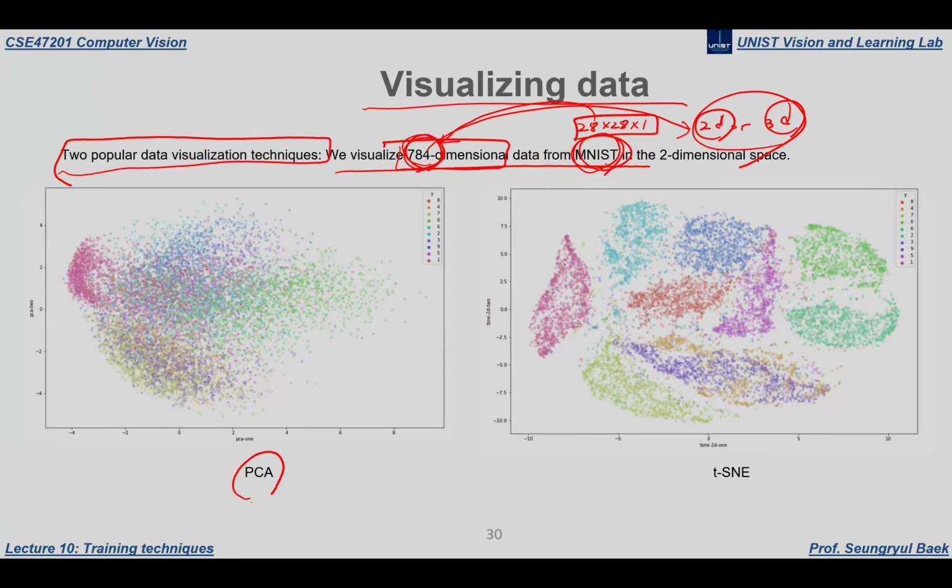The first technique is called PCA, Principal Component Analysis. That is the first method, and the other is t-SNE. We will learn about this. Here, for MNIST, we are reducing the 784-dimensional feature into a two-dimensional vector for each sample.